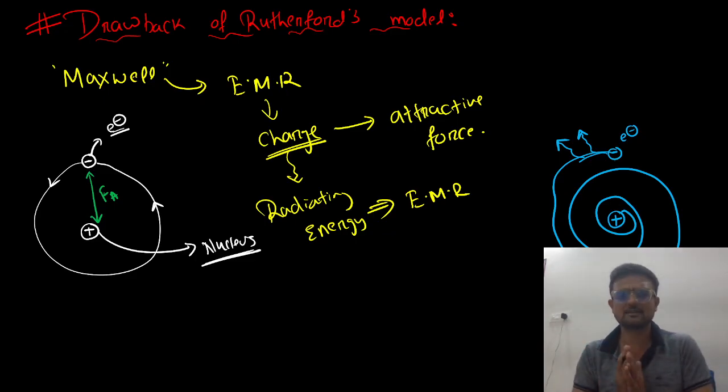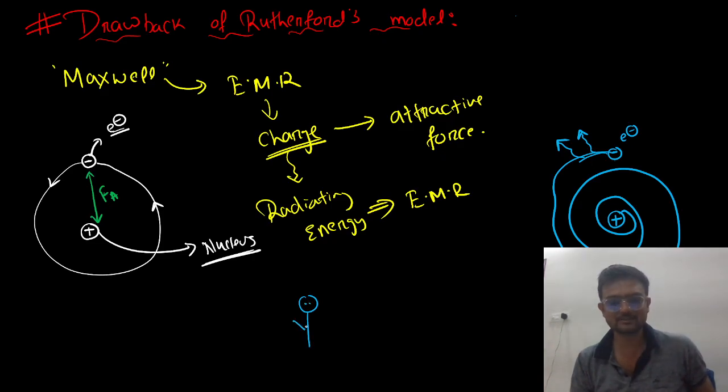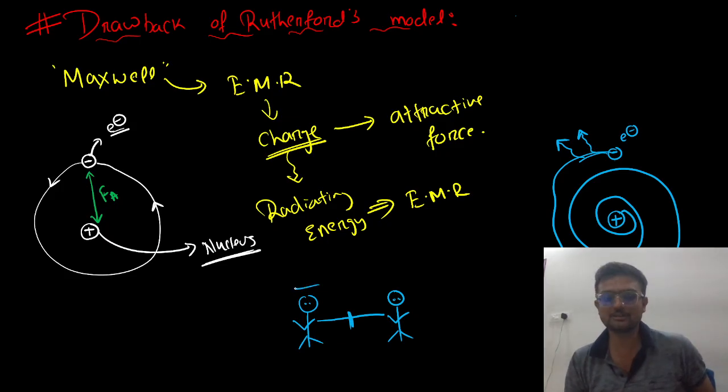I hope you can understand this. For example, let's say there are two persons playing tug of war, right? Let me show my amazing drawing skills to you. Let's say this is person A and this is person B. Person B is quite sad. They are playing tug of war, and this is the middle point. Both are trying to pull the rope towards themselves.